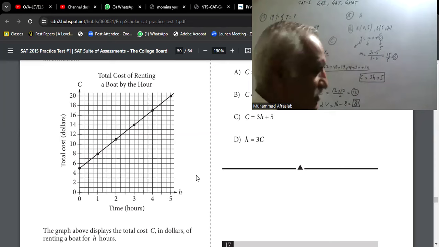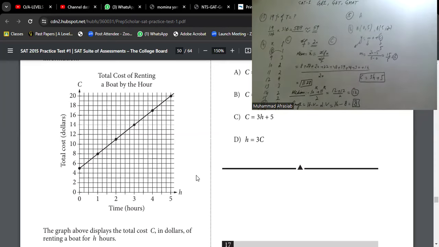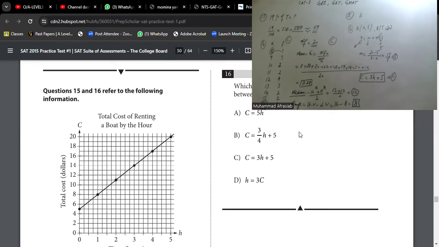This is the answer of this question, and that is part C, 3H + 5. So for question number 16, the answer is part C, C = 3H + 5.